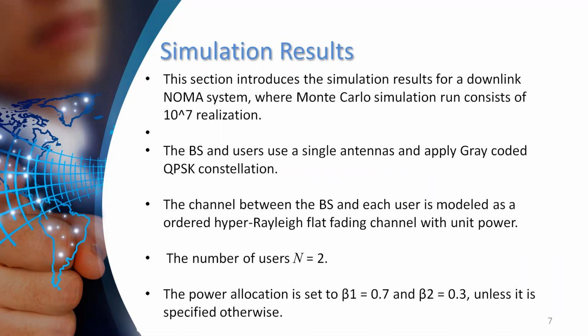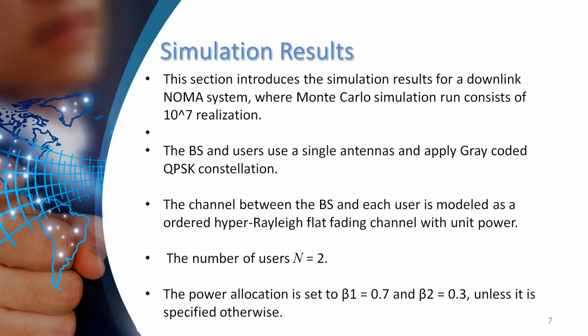The simulation parameters used in this paper are as follows. Monte Carlo simulation with 10⁷ realizations was used. Also, the base station and users use a single antenna, and the base station applies gray coding with QPSK constellation.